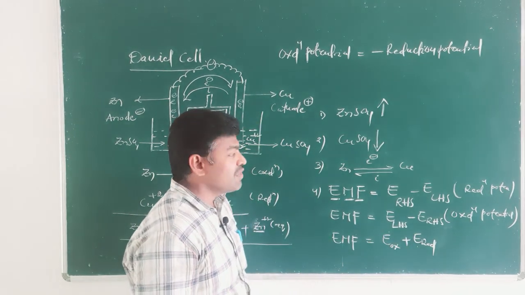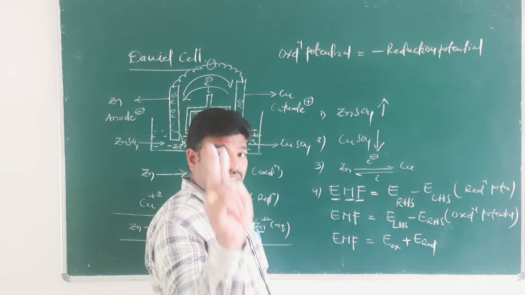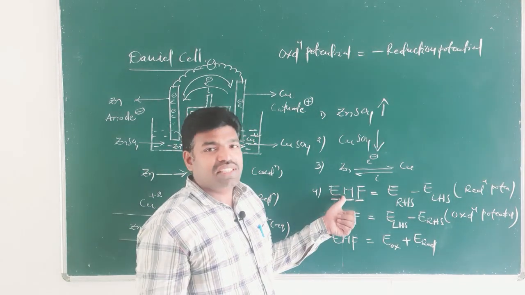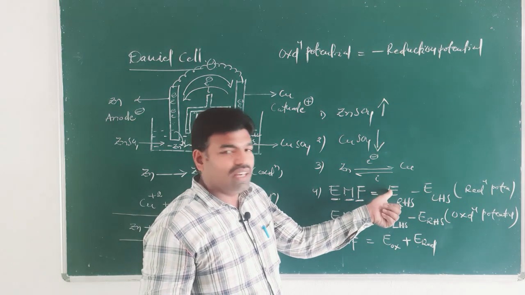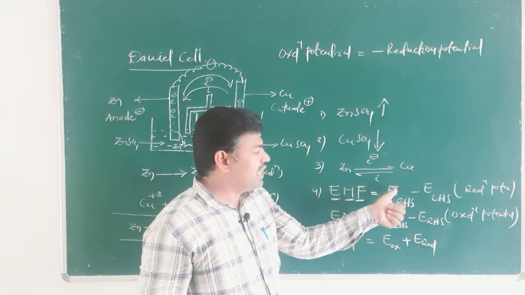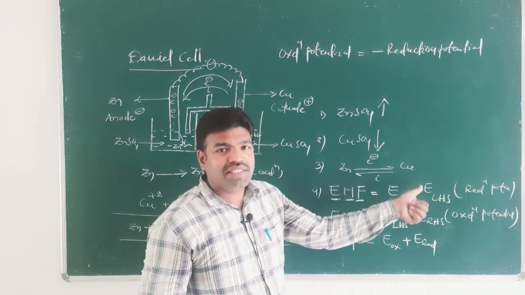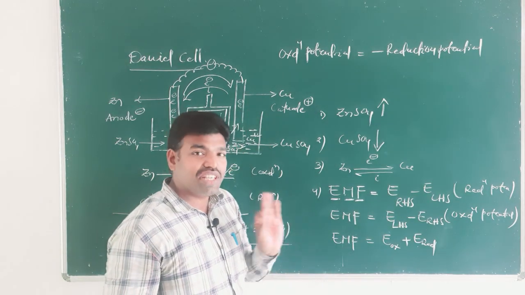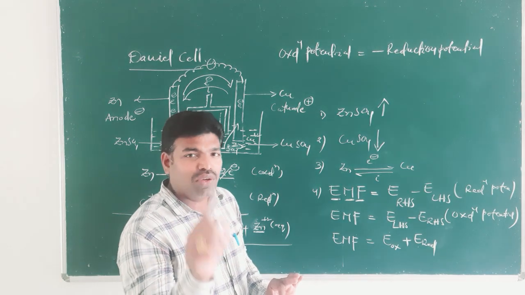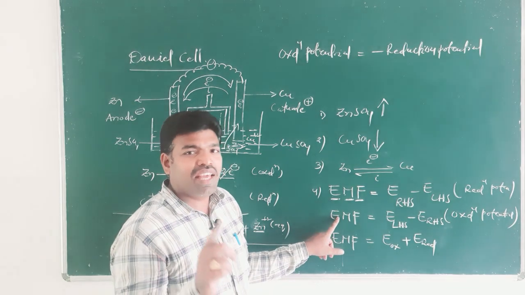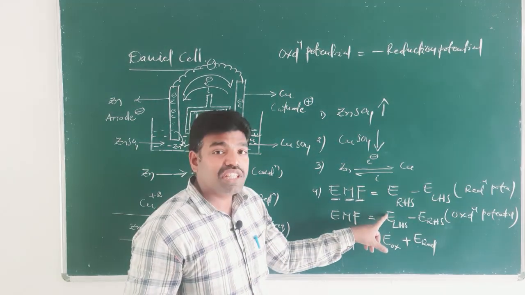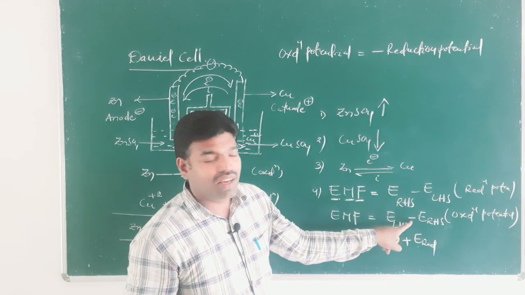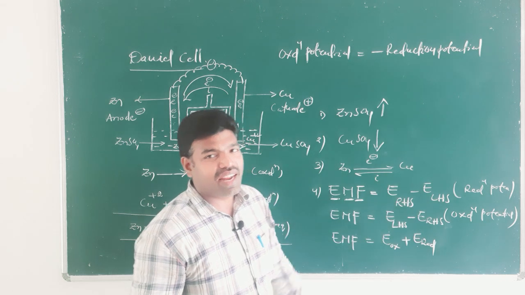Okay, if the two potentials are reduction potentials, to get the EMF of the cell we subtract reduction potential at right hand side minus reduction potential at left hand side. If we have oxidation potentials, then we subtract oxidation potential at left hand side minus oxidation potential at right hand side.